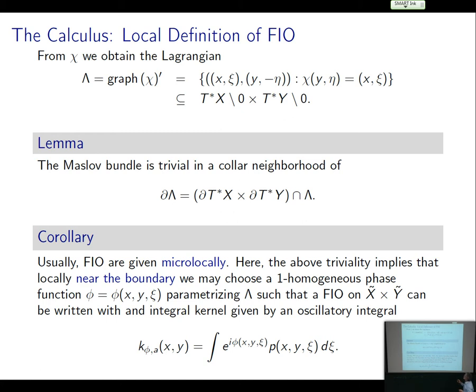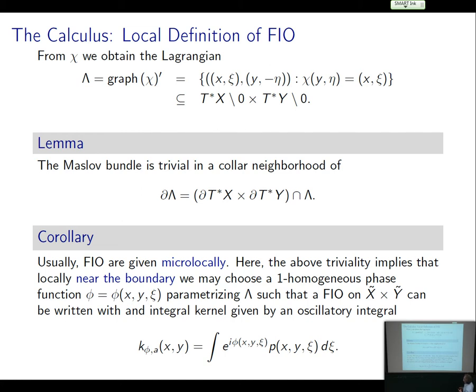And for technical reasons, as always in this business, you change the sign of the second variable just to preserve the symplectic form. So this is nothing deep. This is just technicality. And usually they indicate this by having a prime, that's just convention. But if you do this, you get a Lagrangian in the Cartesian product.